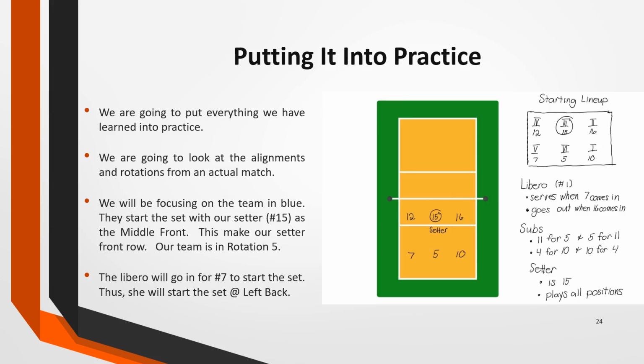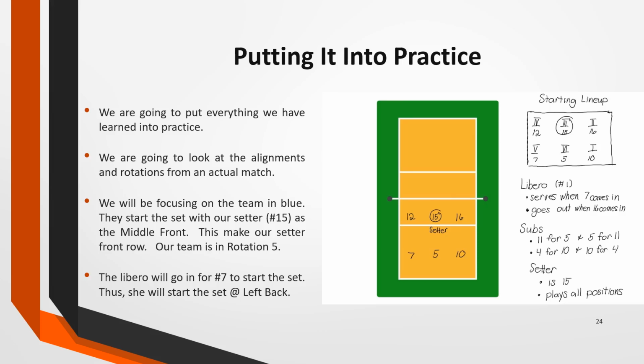She's going to be in the light blue jersey. She's going to serve when number 7 comes into the contest, and she's going to go out when number 16 comes in. To start the set, our libero is going to go in for number 7. So our libero is going to start the set at left back.